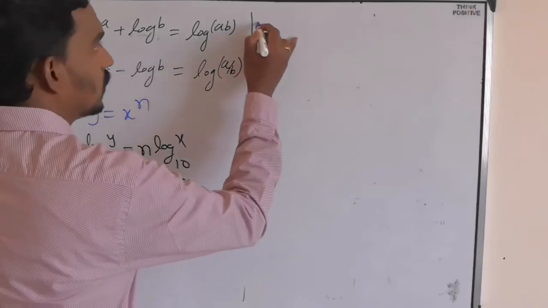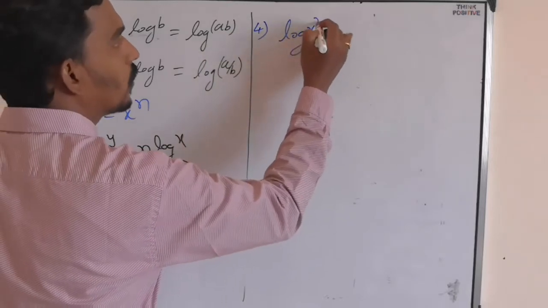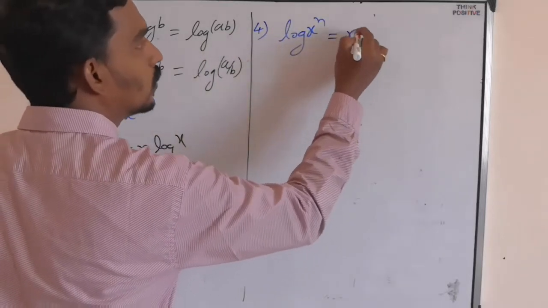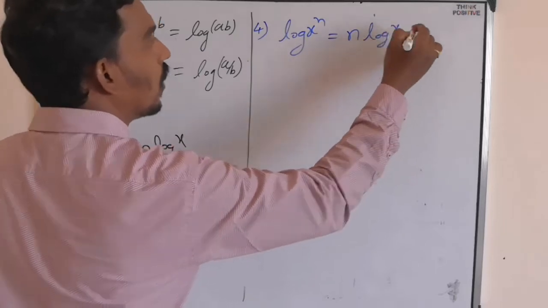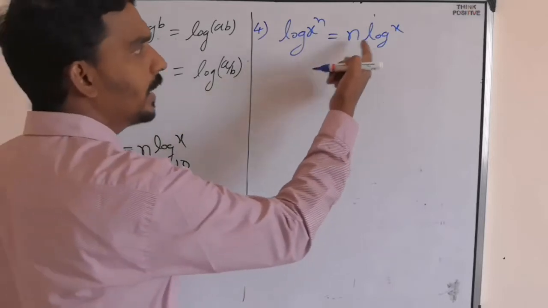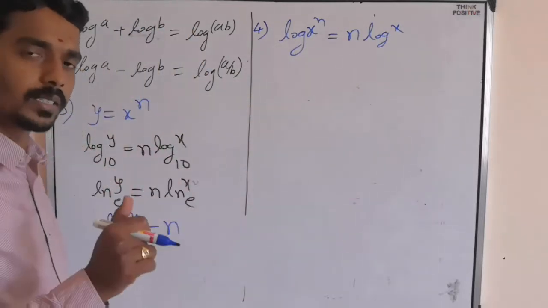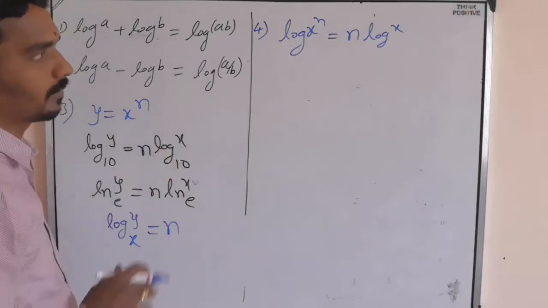Or else the other formula you can take is log x power n equals n into log x. Even ln x power n is n into ln x. Formulas are the same. You can apply them for the log function as well as ln, anything.